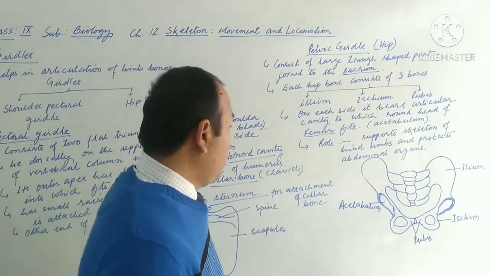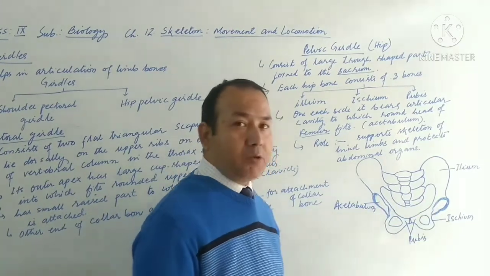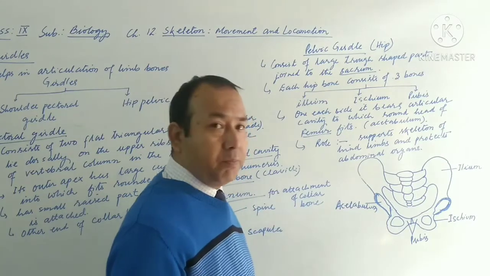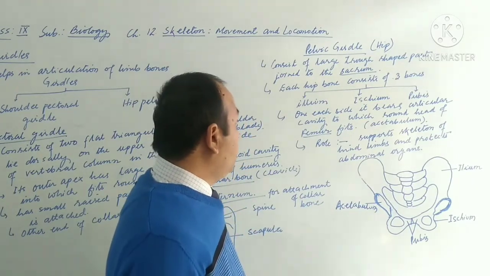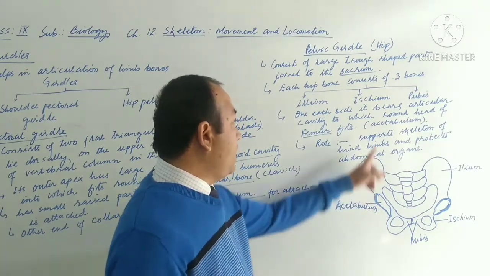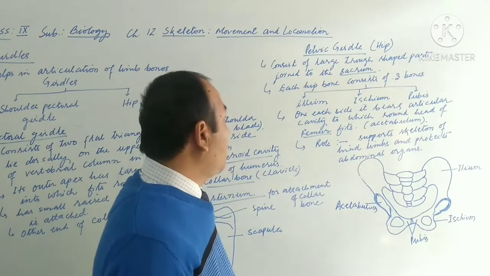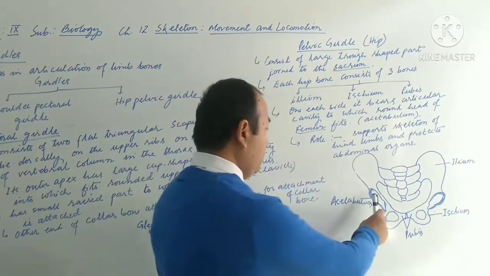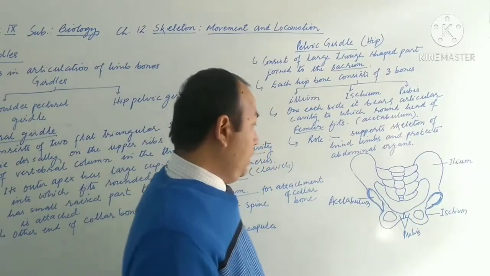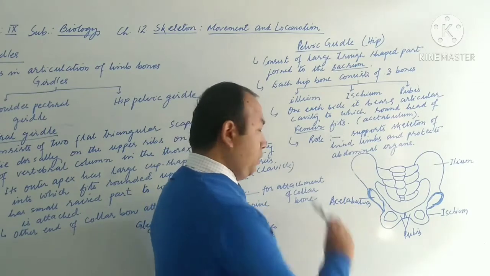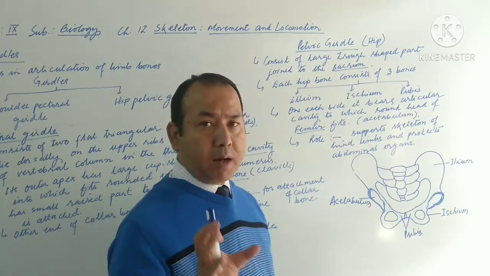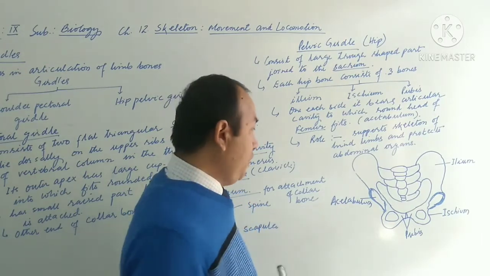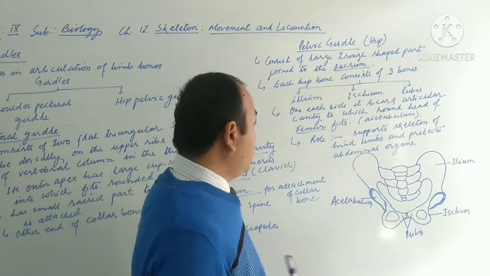Then you can see a pair of cavities on either side, on the lower part of this pelvic girdle. This cavity is referred to as acetabulum, to which the rounded part of the femur fits.